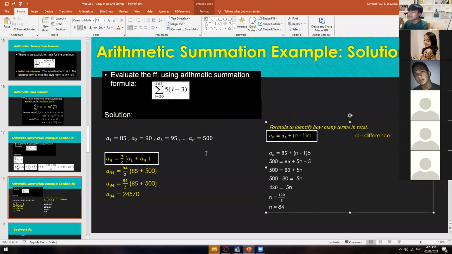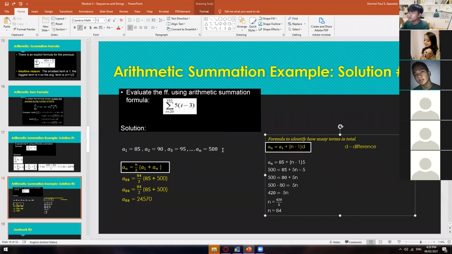All right. So the first thing you need to do here is find the first term by putting your lower limit into your formula. So 5 times 20 minus 3 is equal to 85.